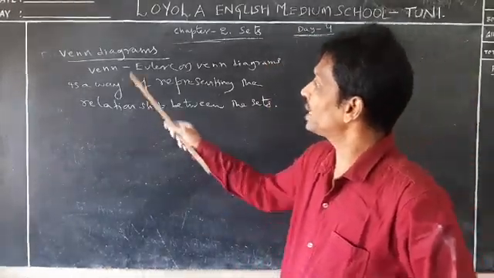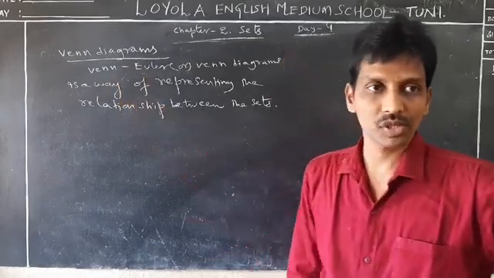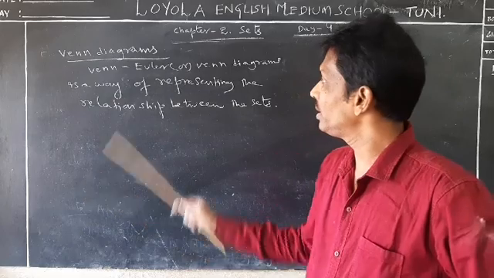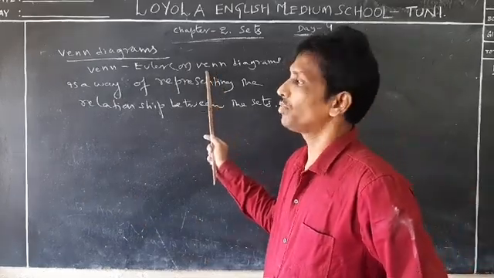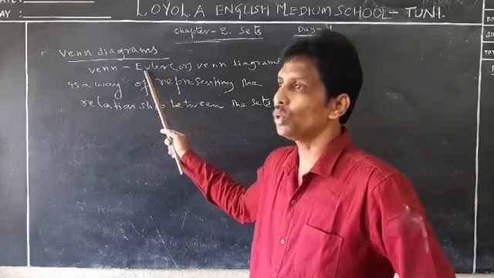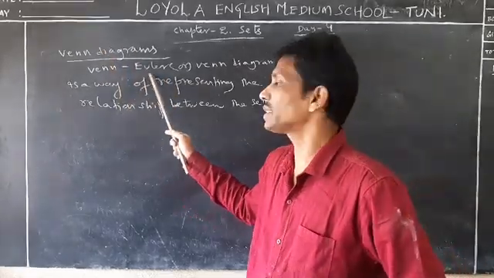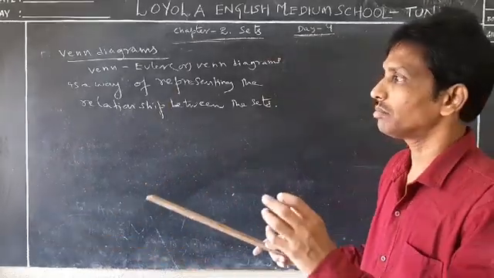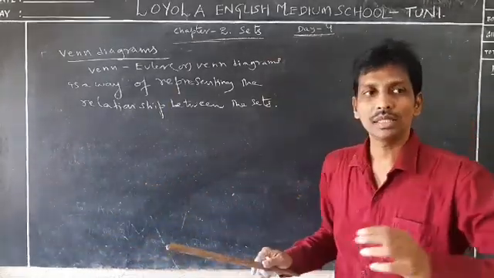See, Venn diagrams are known as Venn Euler diagrams, or simply Venn diagrams. Actually, his full name is John Venn. He and Euler, Euler is also a familiar name to you. Both of them might have done work to draw the Venn diagrams.